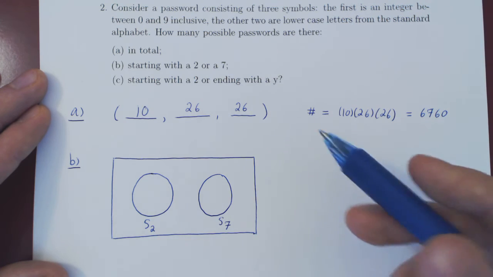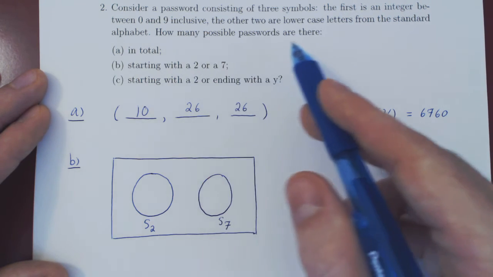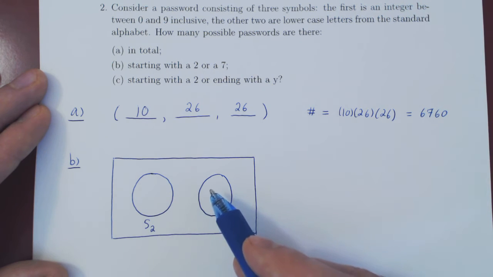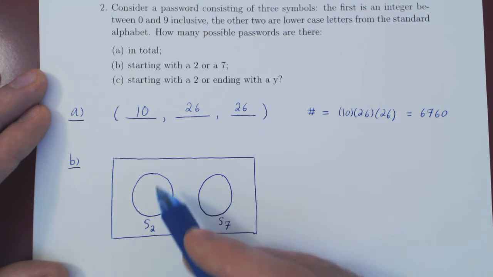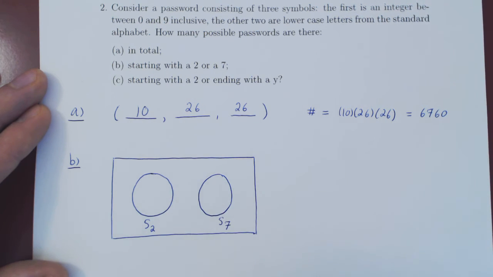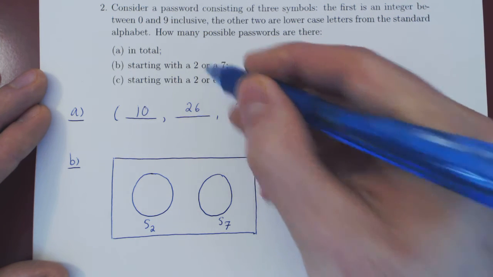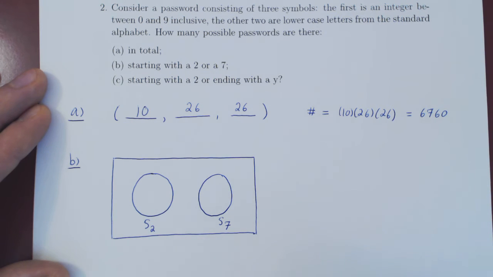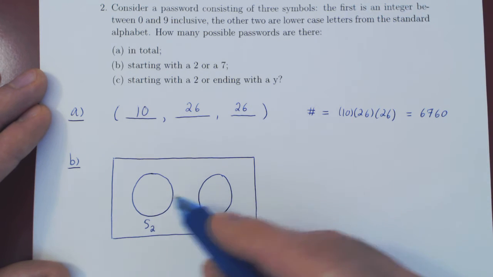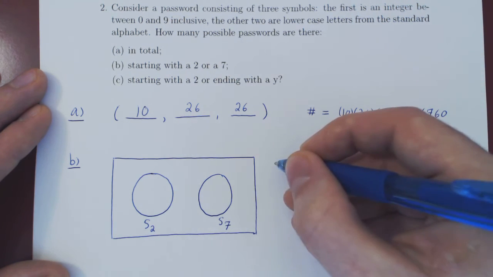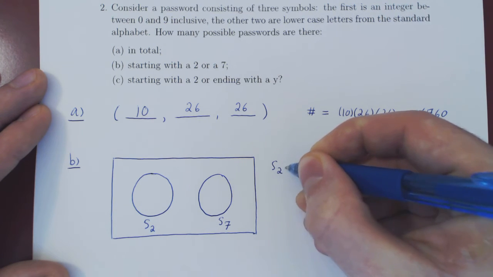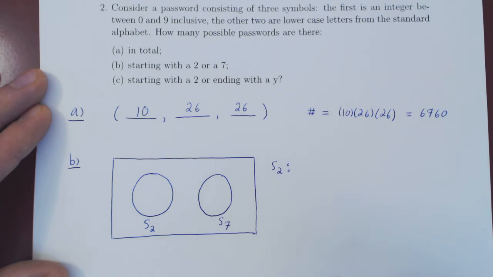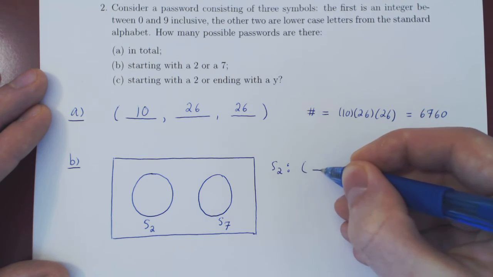Okay, we are asking now to count all possible passwords that either start with a 2, plus start with a 7. So we have to add those two together. Well, let's calculate each one separately, and then let's add them up. So S2. Again, let's visualize all the passwords starting with a 2. Again, there are 3 symbols.